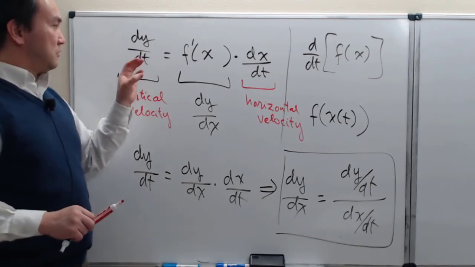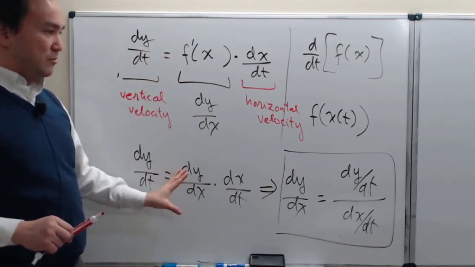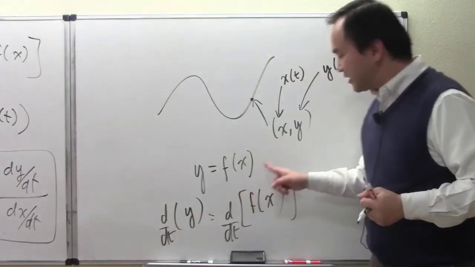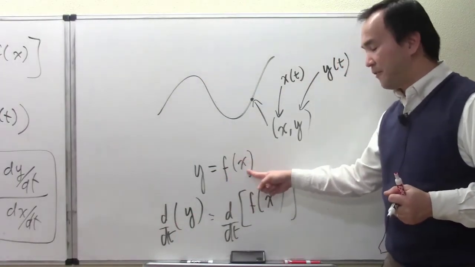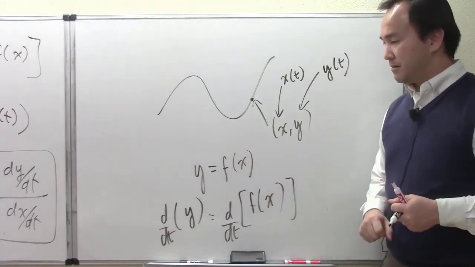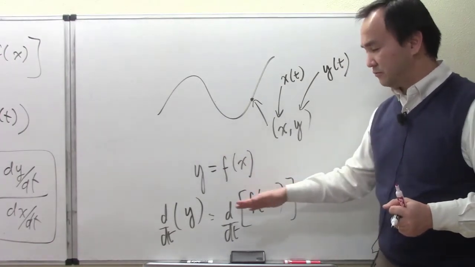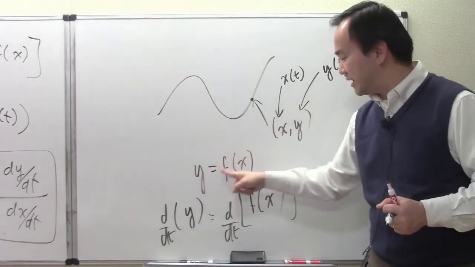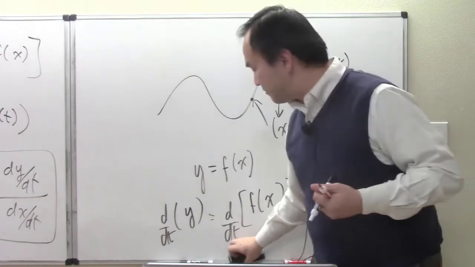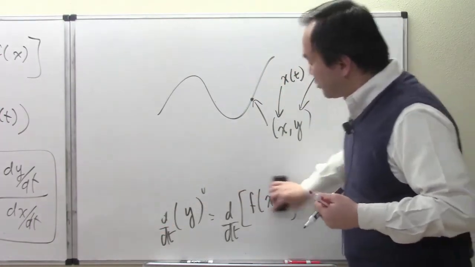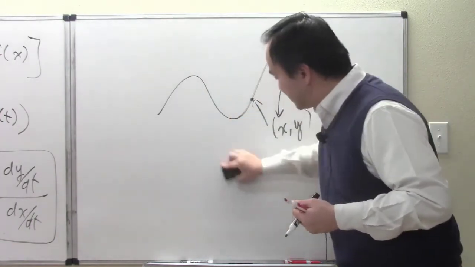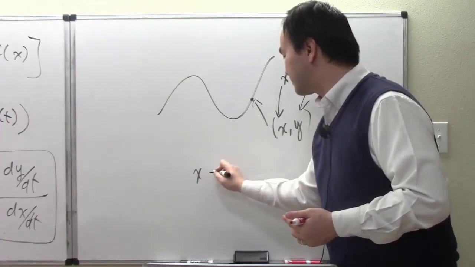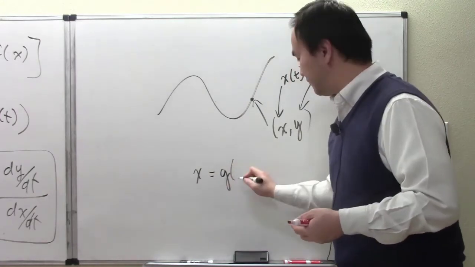Okay, and so here we came out with this simply because we put ourselves in a situation where y is a function of x. So we came to all that on the other board by putting ourselves in the situation where y is a function of x. But sometimes, what if we are in the other situation, the situation where x is some function, let's name it g, some function of y?